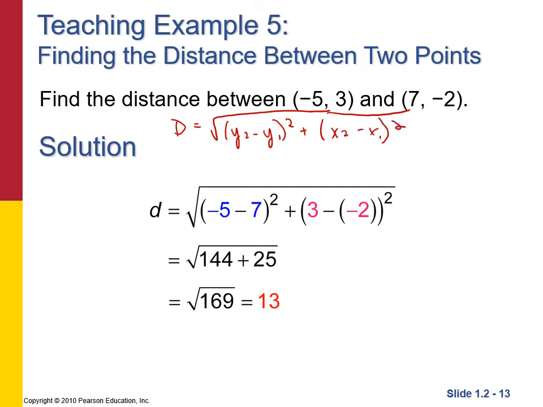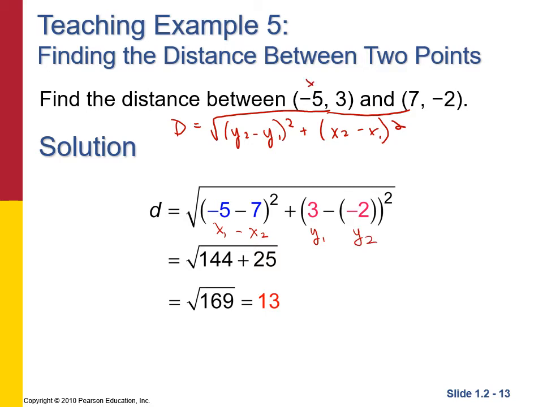Because we're adding, I don't really think the order is a big deal. In this case, notice x, and now they're doing it x1 minus x2. It's fine as long as this is y1. And that's the case. So notice 3 is y1 and this is y2.